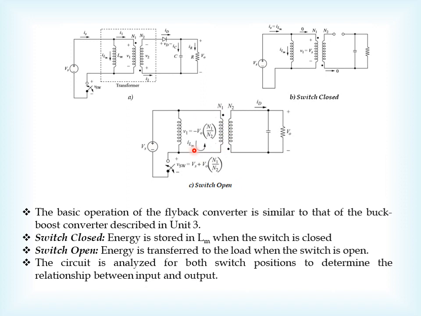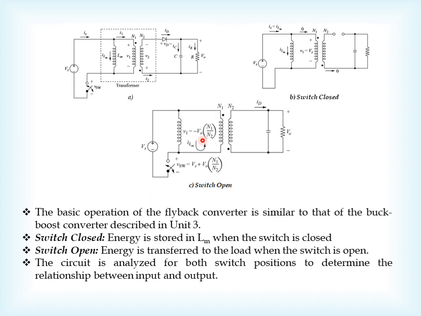If the current is flowing in this direction, this end is negative and the upper point is positive. If it is positive, the diode is forward biased. In this case, the energy is being delivered by the current flowing through this, and the output current is also flowing through the load as shown.